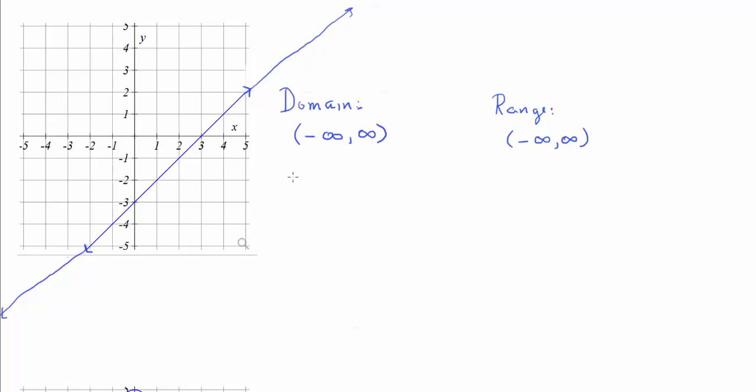Domain is our x values, so in inequality notation, this is -infinity is less than x is less than infinity, and the range is our y values. So in inequality notation, this will be -infinity is less than y is less than infinity.